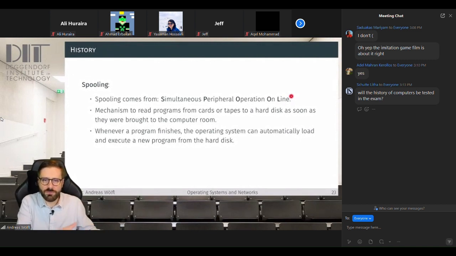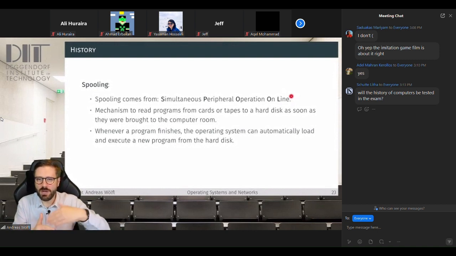So before, you needed to hand over your program to the operator, and at the time when the program executes, the operator needs to operate the machine by hand. In spooling, we have it asynchronous, right?